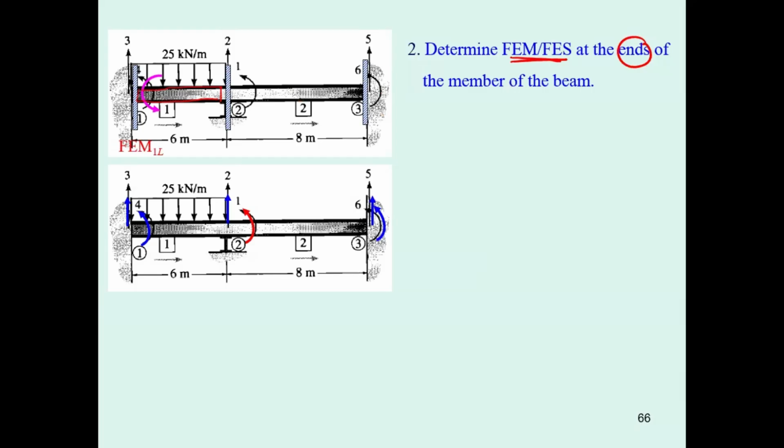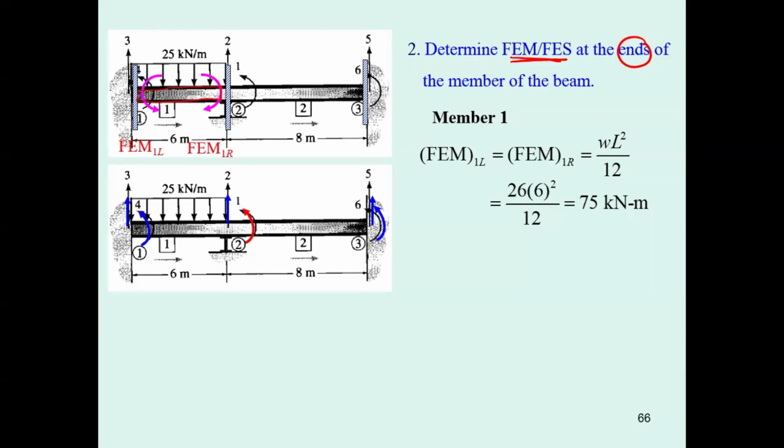This is going to be WL squared over 12. You put it in your calculator, and WL squared over 12 is 75 kilonewton meter, one applied at node number 1, which you don't use yet, but the other applied at node number 2.